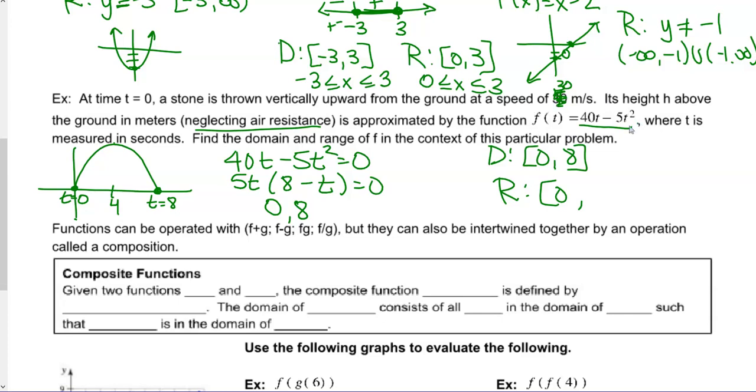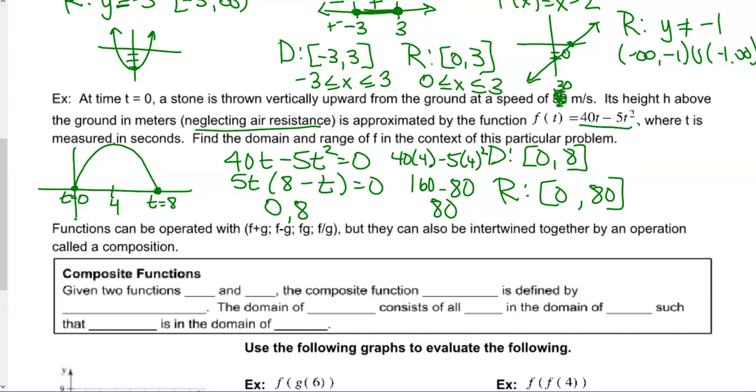Well, f of t is the height, so I need to plug in 4. 40 times 4 minus 5 times 4 squared gives me 160 minus 80, since 16 times 5 is 80. 160 minus 80 gives me 80. So the maximum height, creating the maximum range of that function, is 80. So the range is going to be from 0 to 80.